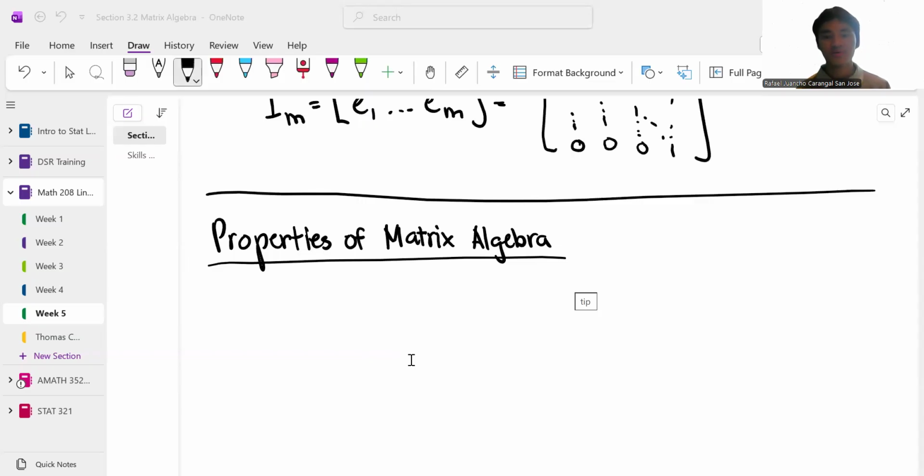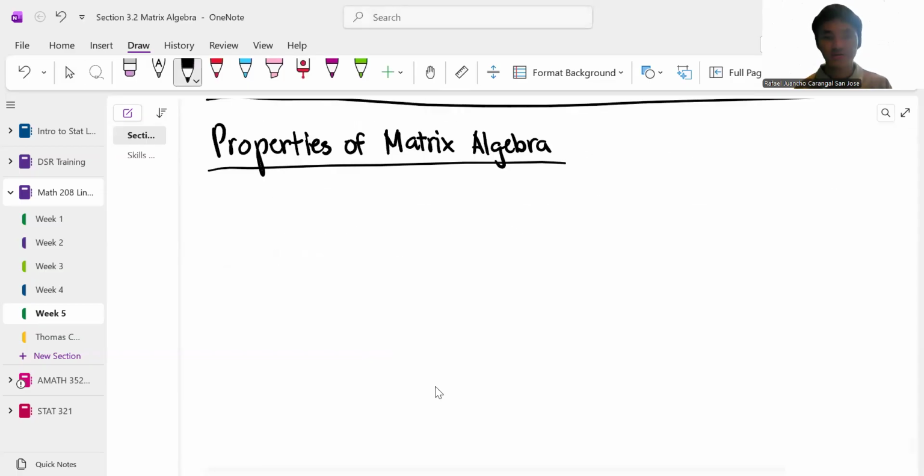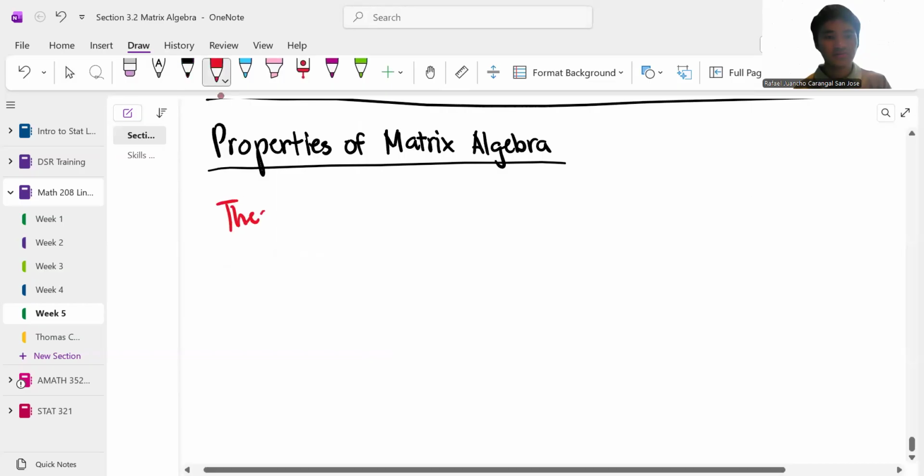However, not all properties of multiplication of real numbers carry over to multiplication of matrices, right? For instance, we've seen that AB is not equal to BA. So let's actually look at matrix algebra. What are some of the properties that we need to be aware of?